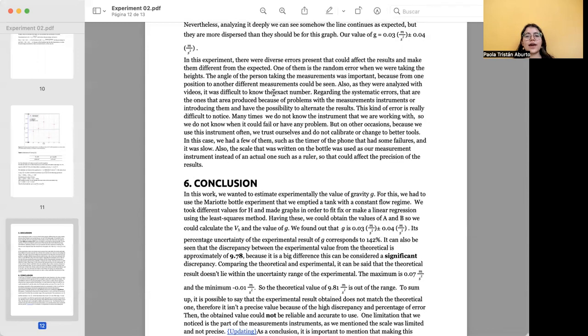And in this case, we have two types of errors that were measurement errors. That one was the random error because of the way we were taking the heights. The angle that we see the bottle and we take the height was very important because from one point of view, we can see one measurement, but from another point of view, we see another totally different measurement.